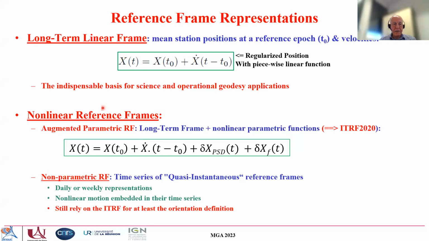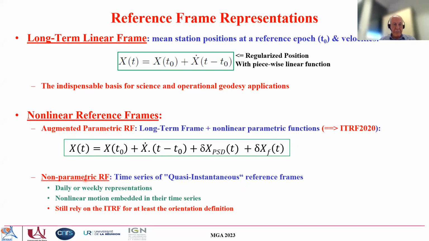The second category is non-linear reference frames, and here we have two subcategories. The first one is an augmented parametric reference frame. It means long-term frame plus non-linear parametric functions, and this is the case of the ITRF 2020. I will come back to that in this presentation.